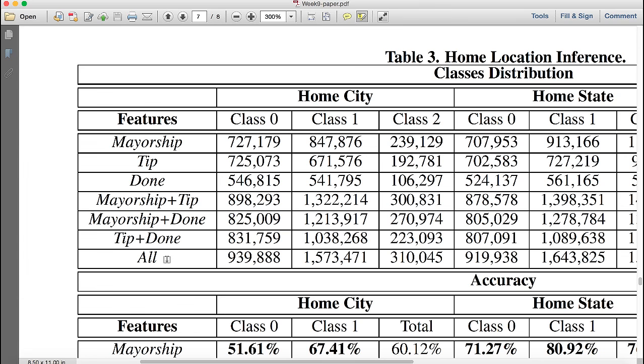That's how you read this table. So if you look at mayorship, 727,000; mayorship plus tip, 898,000. Obviously mayorship plus tip will be higher, and all of them will be bigger than all the others. That's for the city.